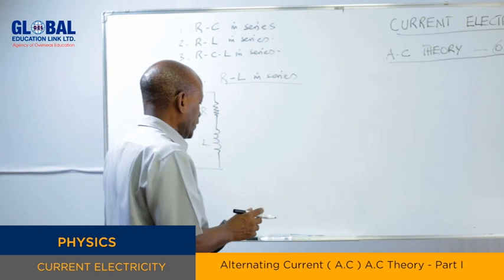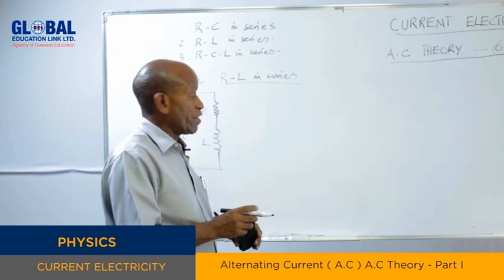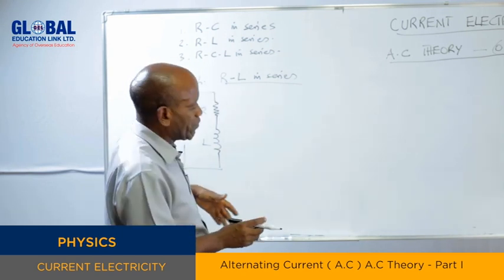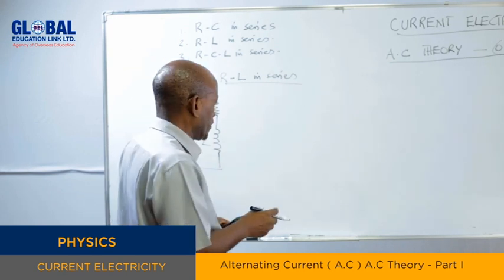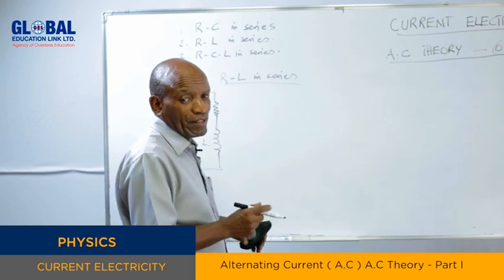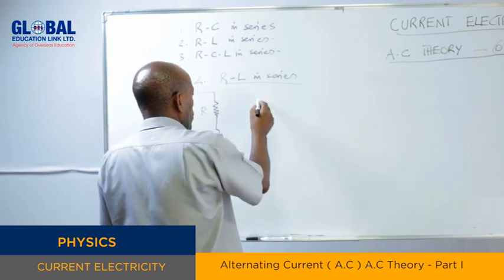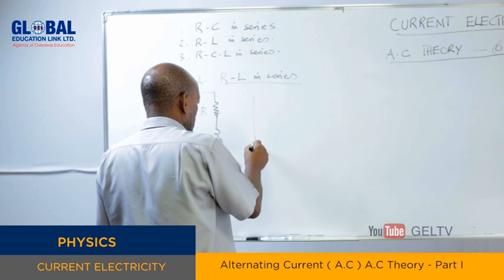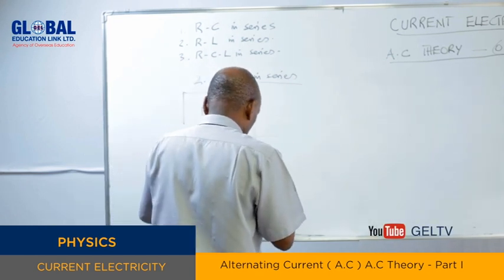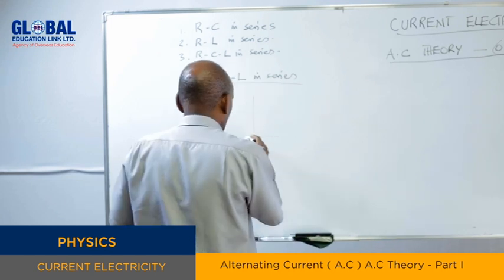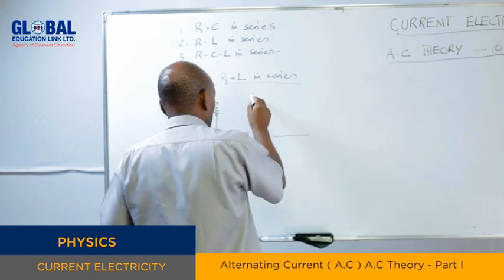And therefore, whenever we have a current crossing through them, we are going to have the effective applied voltage. We can obtain this using the phasor diagram. So if I draw the phasor diagram for you, you will find that we are just going to have this kind of a graph.